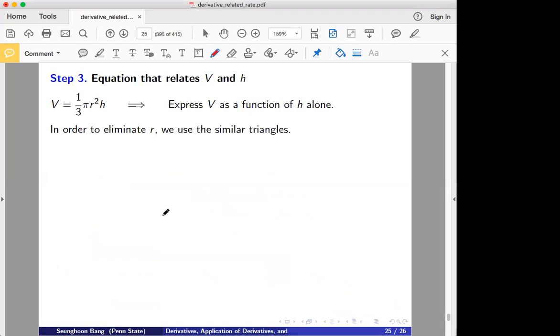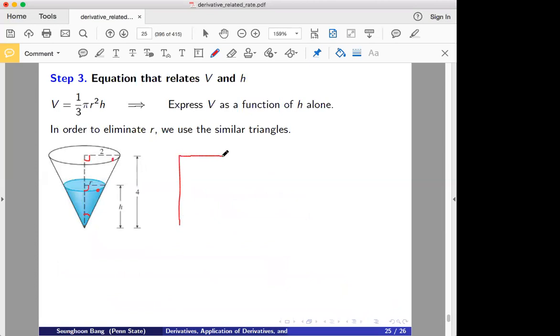You can use similar triangles. Going back to the diagram again. This is a right triangle, the bigger one. This is another right triangle. This is a common angle, the same angle. We have two similar triangles. You can draw the bigger one here.